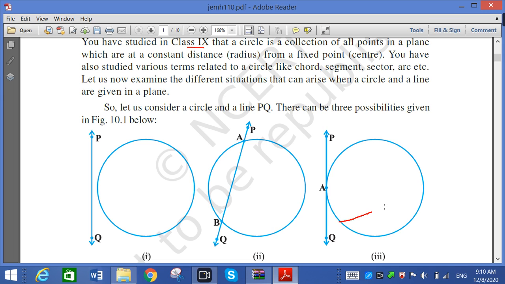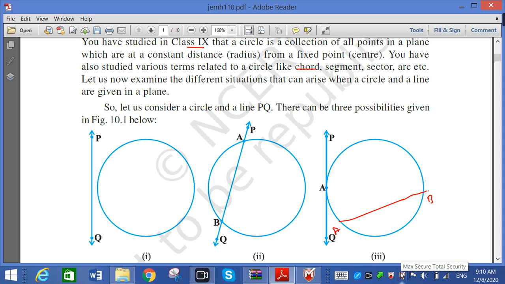If I draw a line with endpoints A and B on the circle, it is a chord. So a chord is a segment whose endpoints are on the circle.